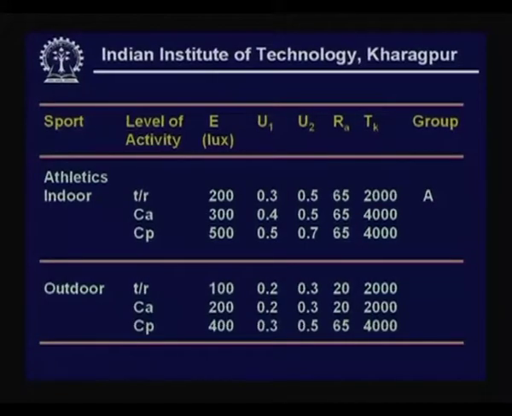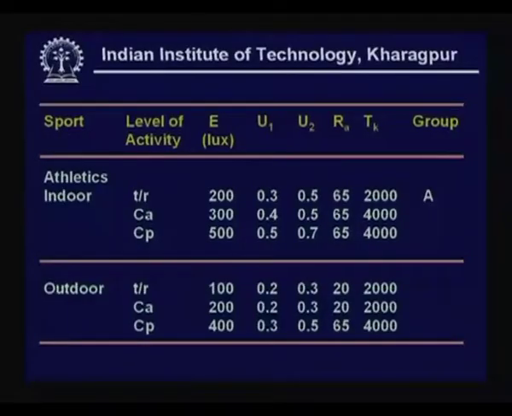The level of activity has been categorized into three categories. One, T/R, which means tournament, amateur or recreational. The second, C sub A and C sub P, corresponds to competition in nature, for national and international. The national level would mean the coverage requirement is over a certain region, whereas international would mean a much larger region.